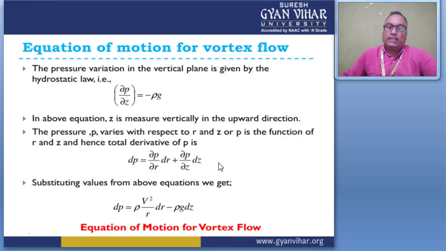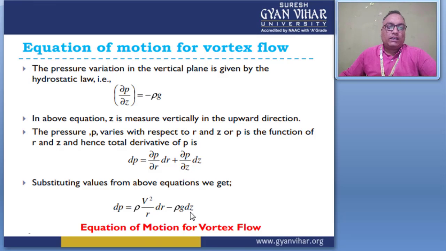Substituting values from the above equation, we get dP equal to rho v square divided by R into dr minus rho g into dz.